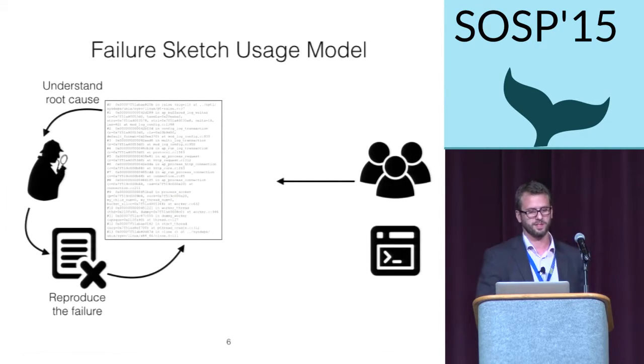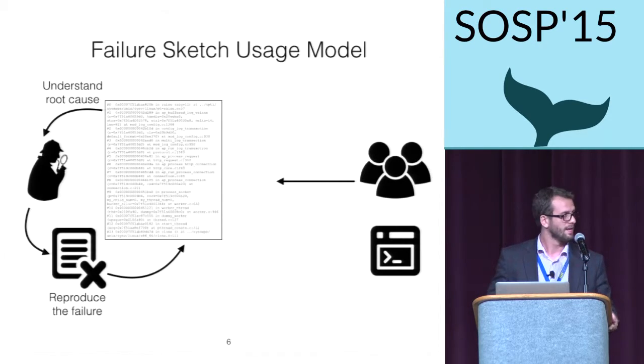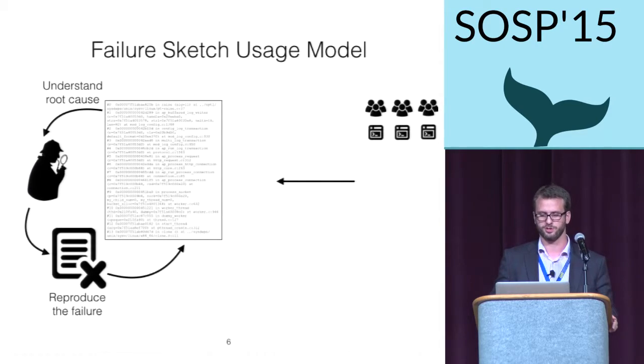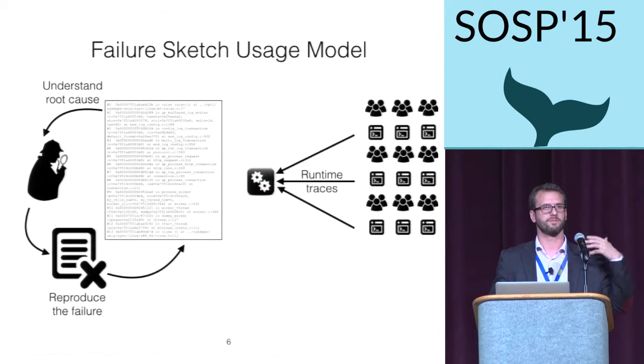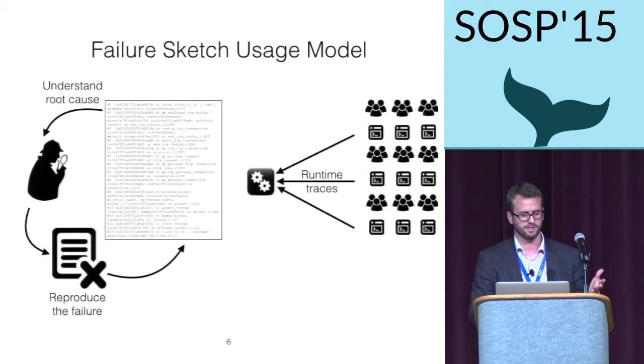So how can we obtain failure sketches in the traditional model that I previously described? The basic idea that we have is that we can perform some intelligent and lightweight monitoring at multiple user sites and gather the results of such monitoring from failing and successful executions to perform some more analysis. Given that we monitor a large number of user executions, the likelihood of encountering failures will increase.